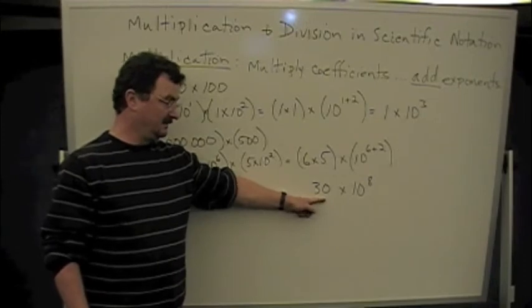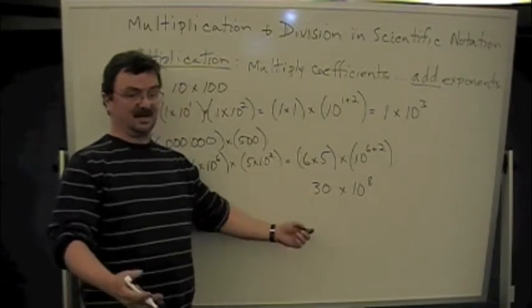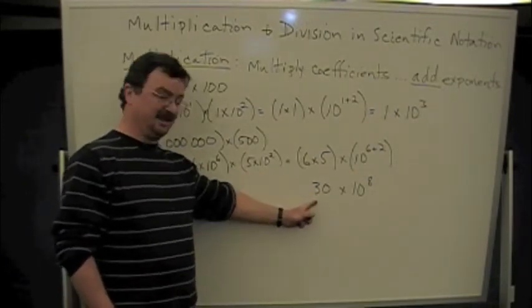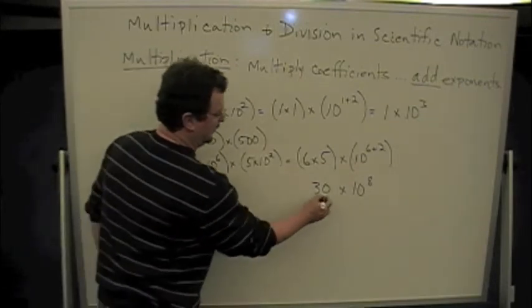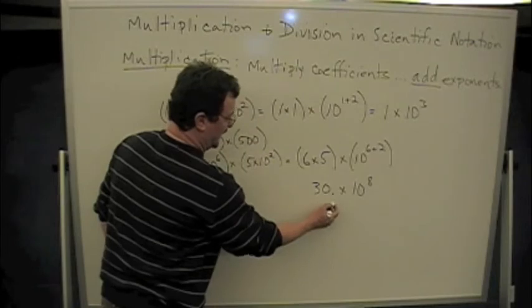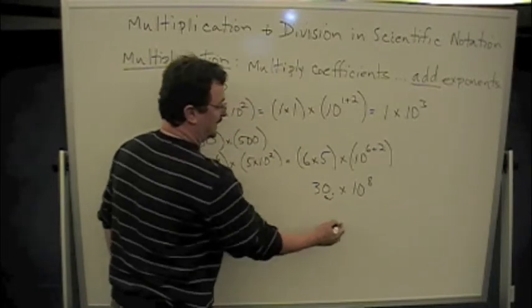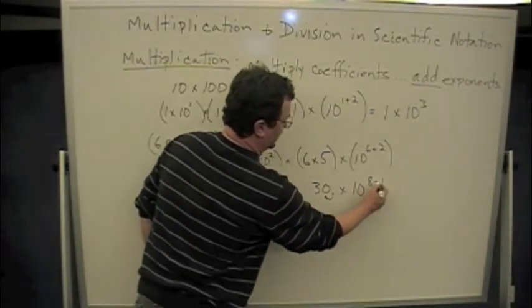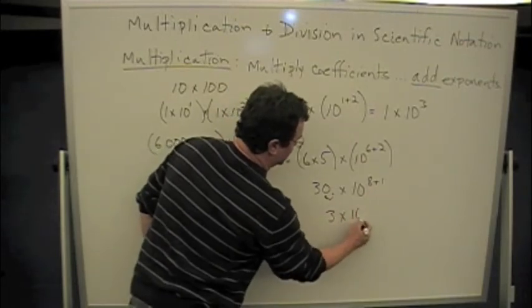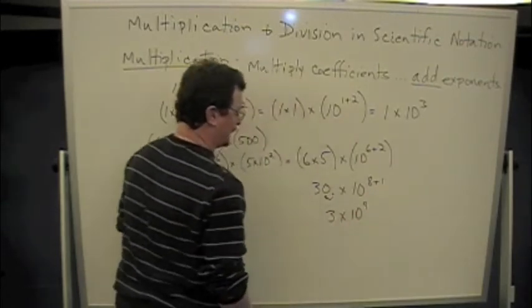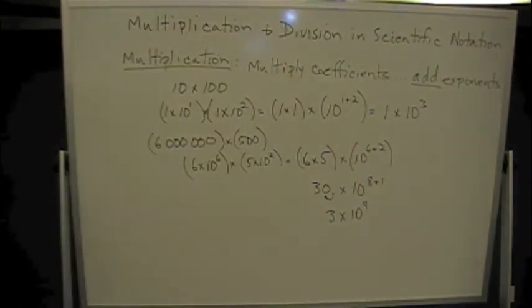And you'd be right. It's a correct answer, but on a multiple choice test, it might not be written like that. So I know there's a decimal point here. If I move it over to the left one more, then I add an exponent. This is the same as 3 times 10 to the 9th.